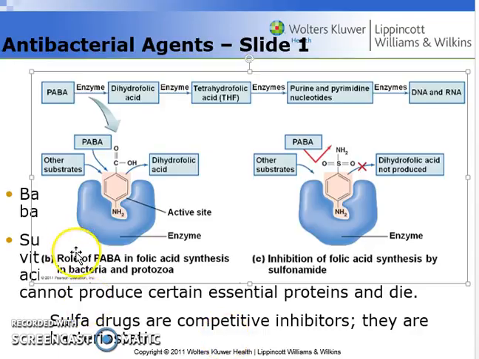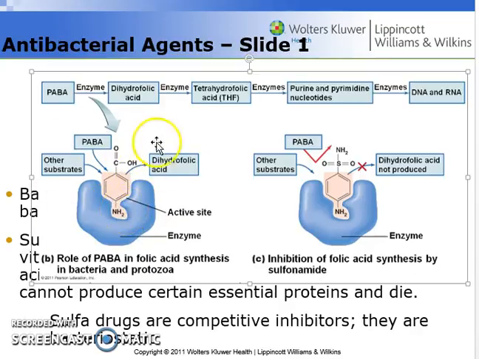So the normal process that happens in a bacterial cell to produce folic acid is the use of what we call this PABA protein. Okay, this PABA protein is going to lock in to this specific enzyme here. And when that happens, that allows folic acid to be produced.